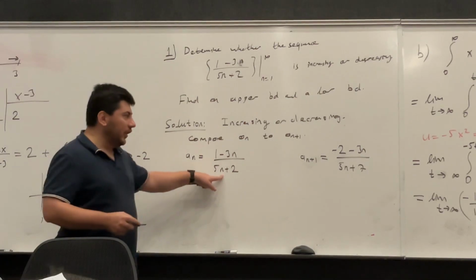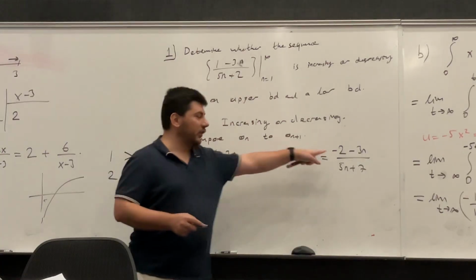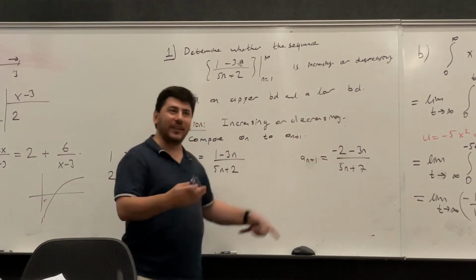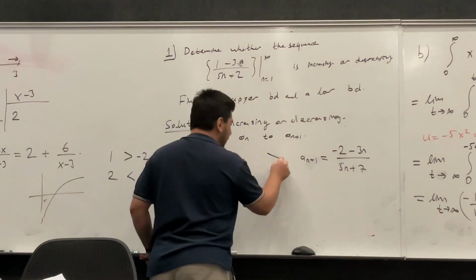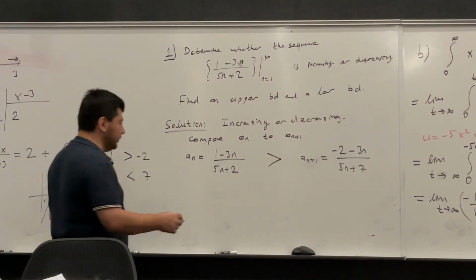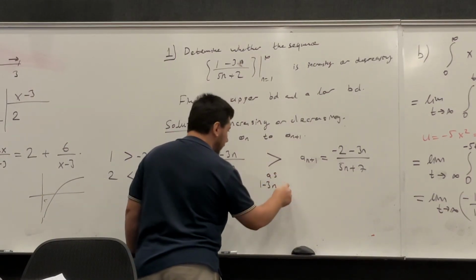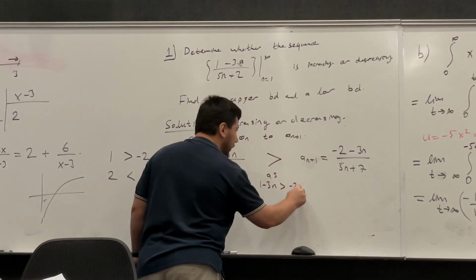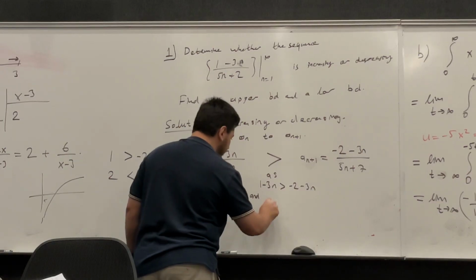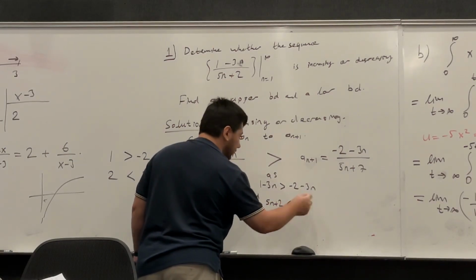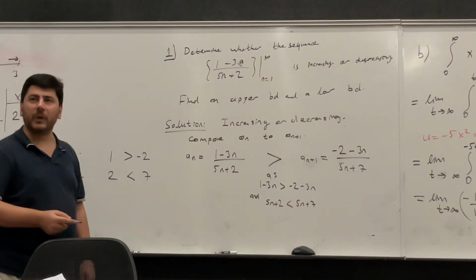The denominator is smaller than this denominator, and the numerator is bigger than this numerator. So both ways it's bigger than the first one. It was 2, and we substitute 1 and then 2 for n. Does this make sense?